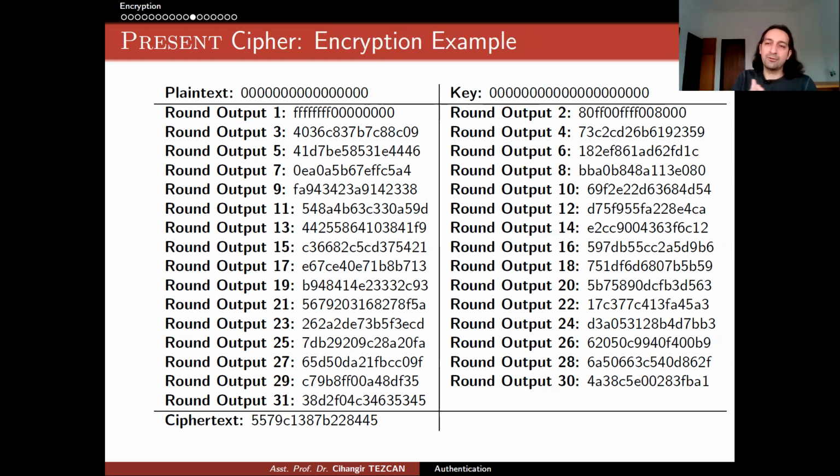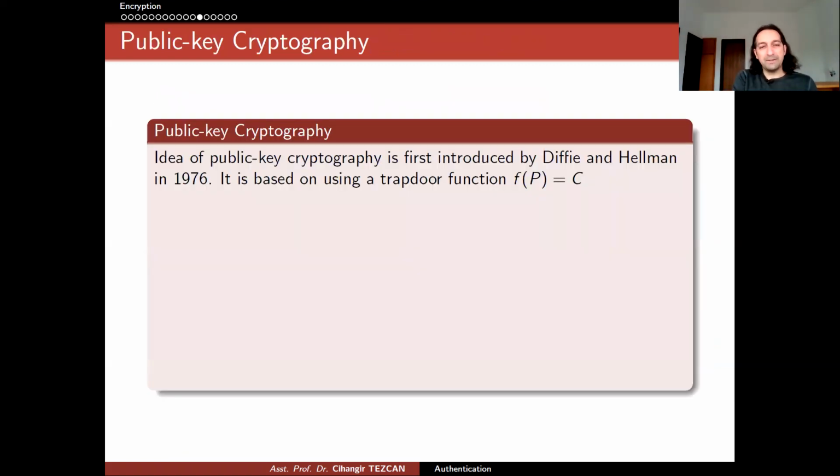So this is why end-to-end encryption is a good thing, and actually GDPR, or our Turkish version KVKK, requires your data to be stored in an encrypted way. But as far as I know, people are not that careful about dealing with your data. Anyway, this would be all about symmetric key cryptography.